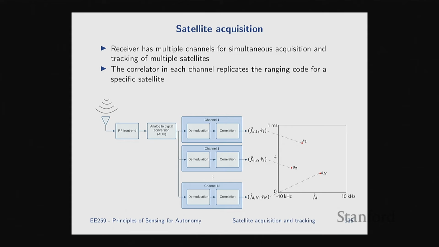This is where the idea of code division multiple access really helps, because each of these correlators is correlating with a local replica of a specific code. Let's say this one is doing coarse acquisition code number 1, this is CA number 2, and so on. These are known codes. We know exactly what code every satellite is transmitting.